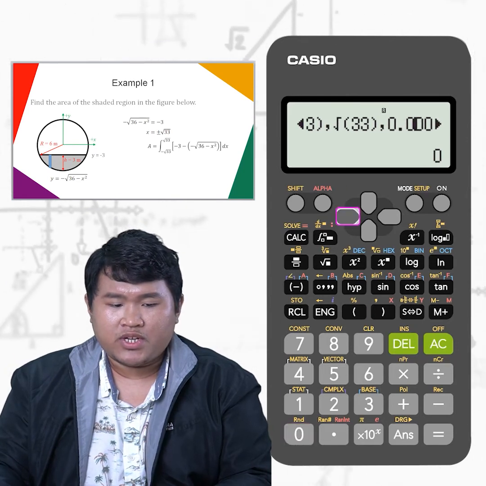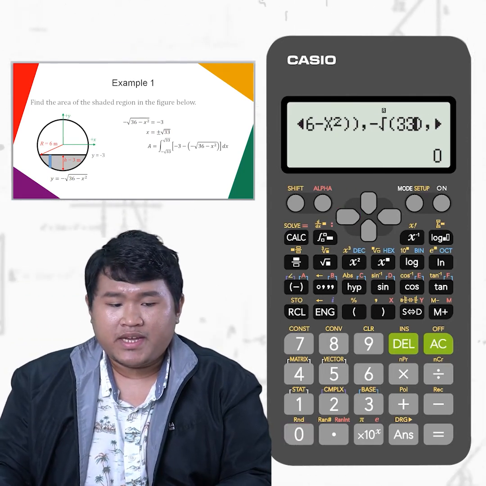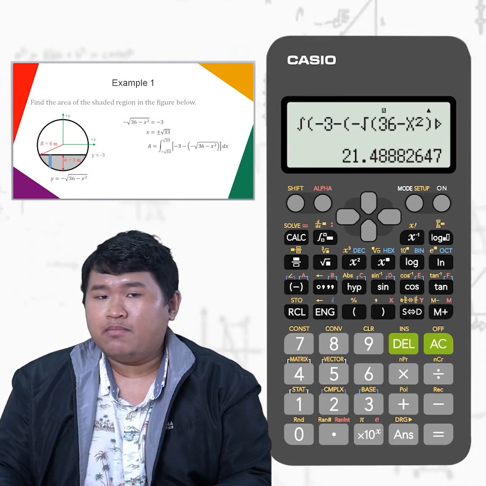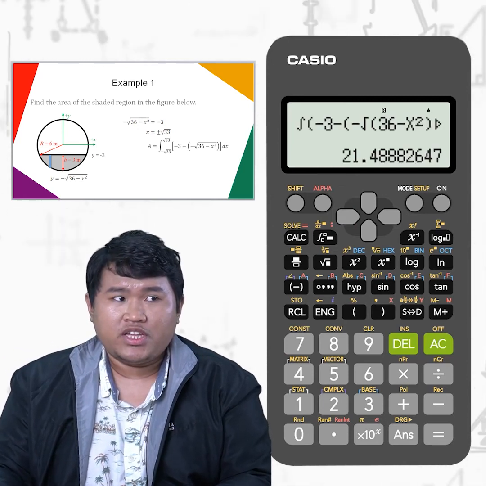Now this is the full expression in Line.io mode. Let's press equals. Now you will get the same answer of 21.4888 square units.